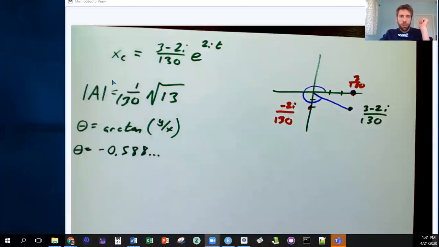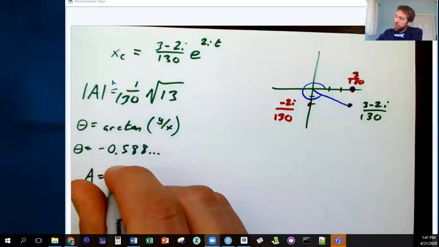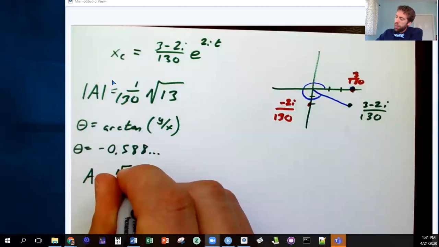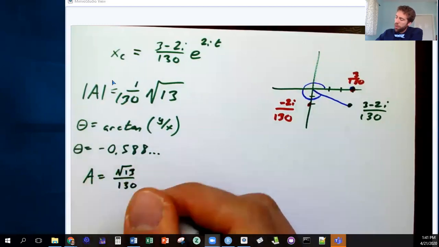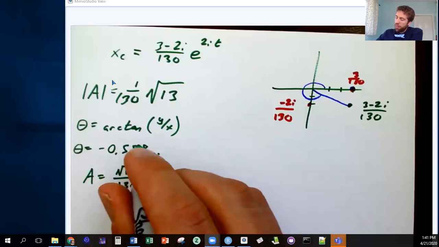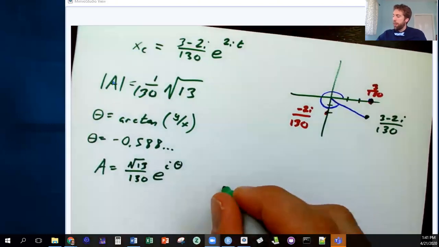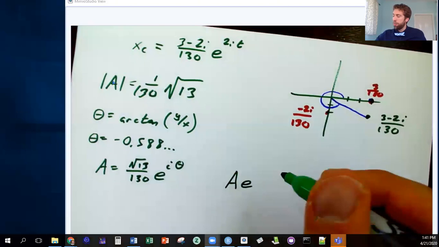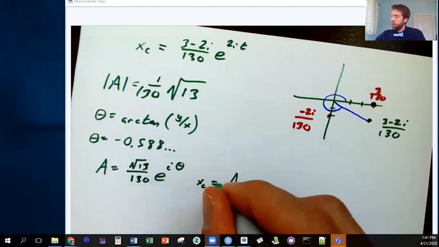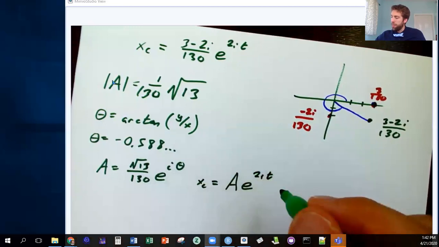So then that means I can write A equals square root of 13 over 130 times e to the i theta, where theta is that. Okay. Then that means that, recall that my complex solution was A e to the 2it.